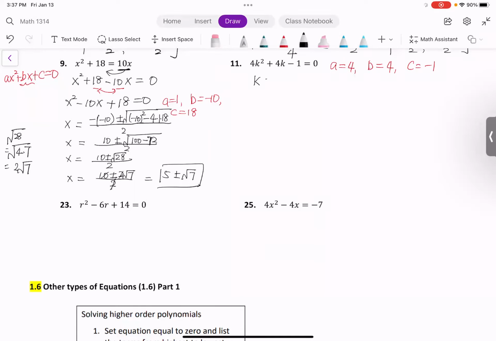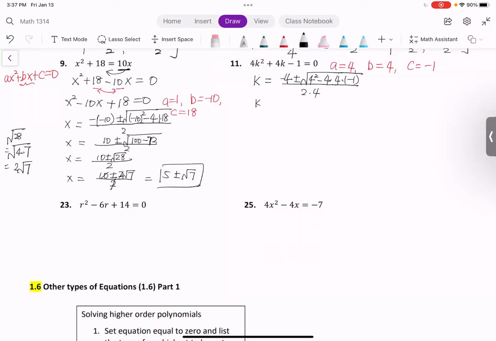So k equals -b. So -4 plus or minus the square root of b squared, that's 4 squared, minus 4ac, minus 4 times -1, all divided by 2a, 2 times 4.